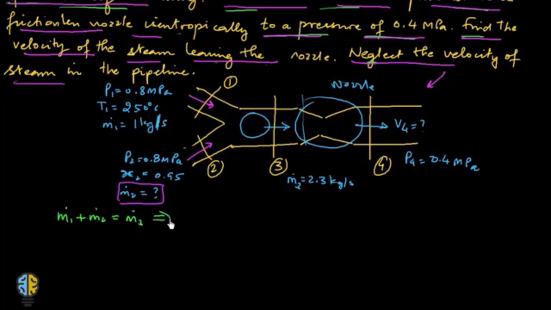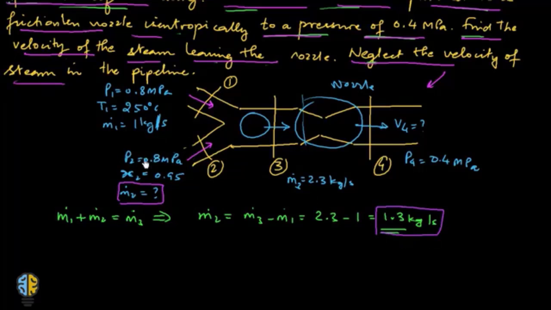So this will give you the value of m2 dot, which is nothing but m3 dot minus m1 dot, which is 2.3 kg per second minus 1 kg per second, giving 1.3 kg per second. So this is the mass flow rate at section 2.